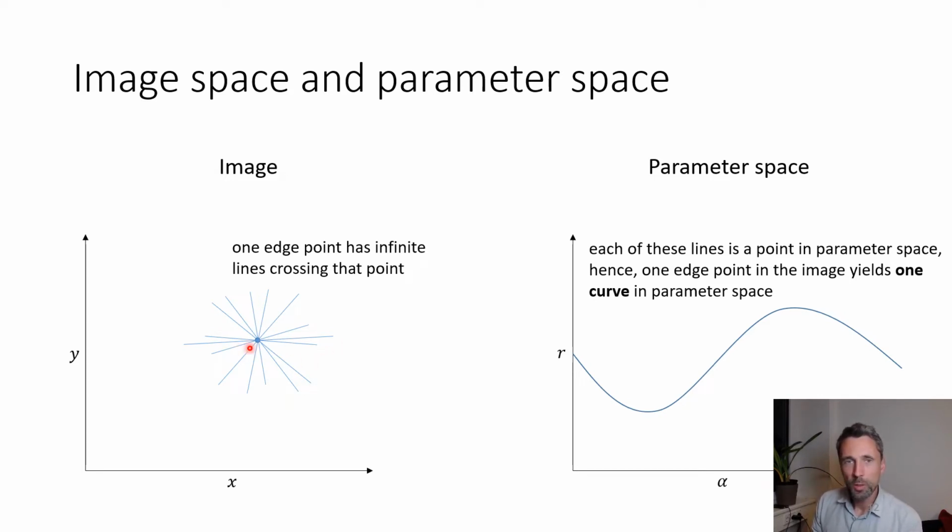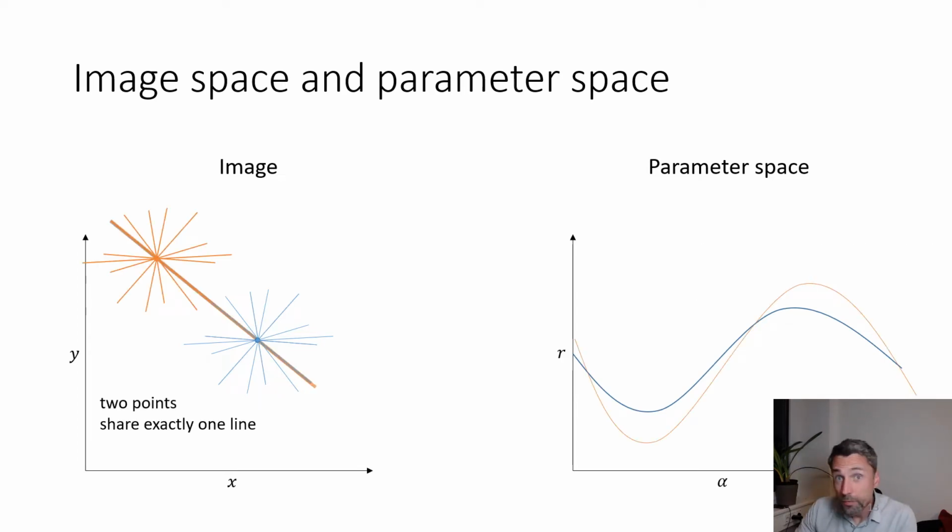And all possible lines now have all possible combinations of r and alpha that go through that point. And that is basically a curve in parameter space. Okay? So what if we had two edge pixels?